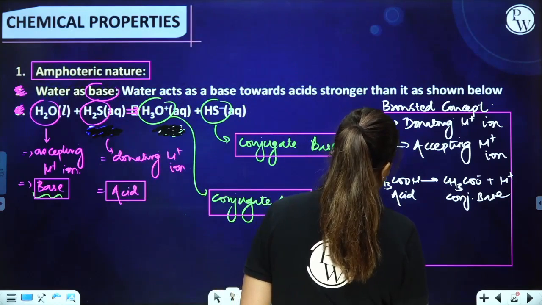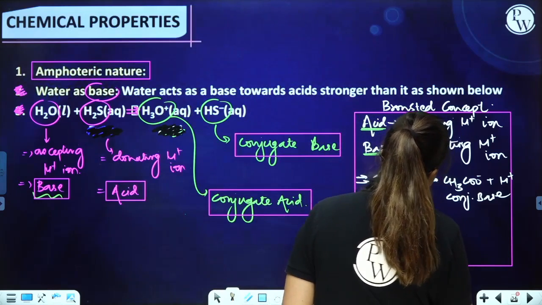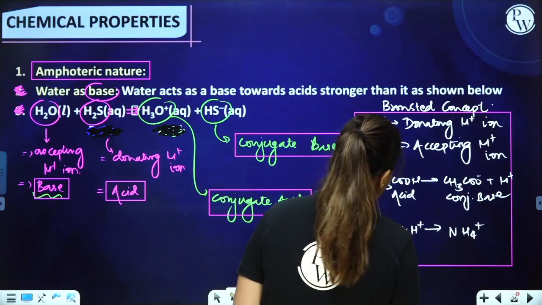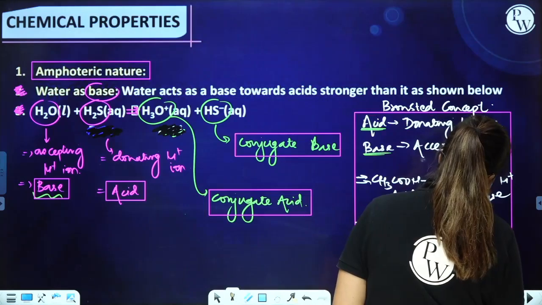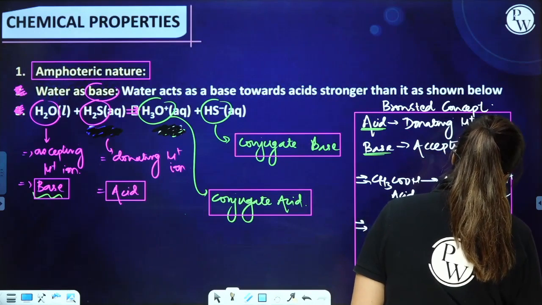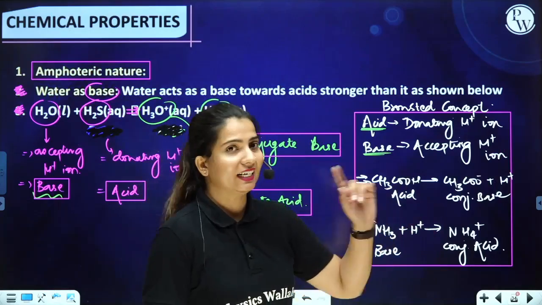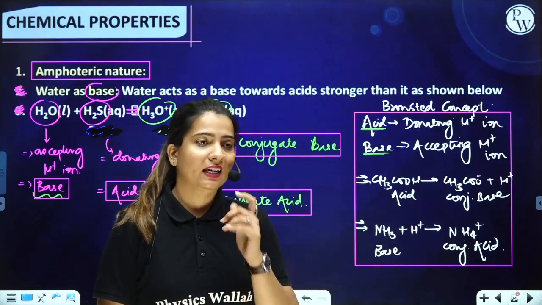Now we have over here, let's say, ammonia. If ammonia accepts one H positive ion, it is forming ammonium. So this is a base. This base is becoming a conjugate acid now. Why conjugate acid? Because it has the tendency to donate H positive ion. It has the tendency to release H positive ion.